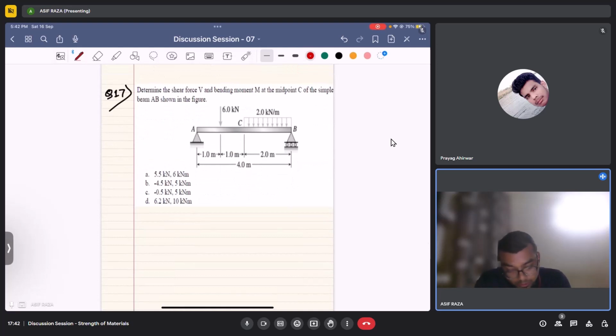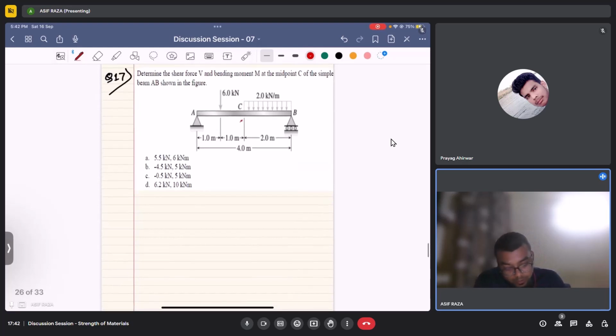Question asks, we need to find the shear force and bending moment at the midpoint C of the simple beam AB shown below. Okay. So we can work around, and let us draw the SFD and BMD for this. Before that we need to find the reaction forces RA, RB, HA. Now taking sigma Fx equal to 0, HA would be equal to 0.